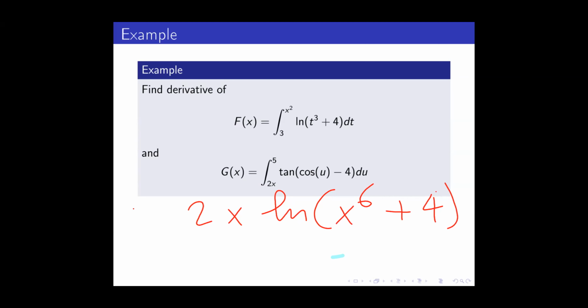Okay, so how about the derivative of g? Anyone finished?